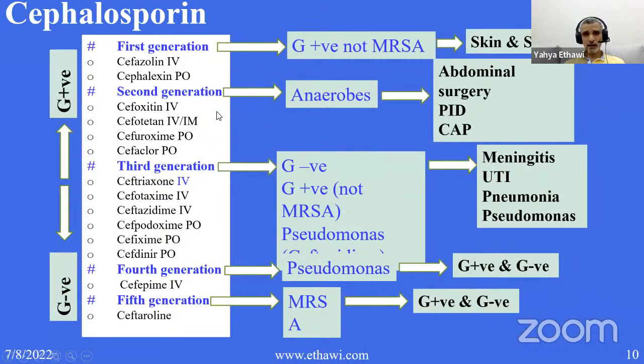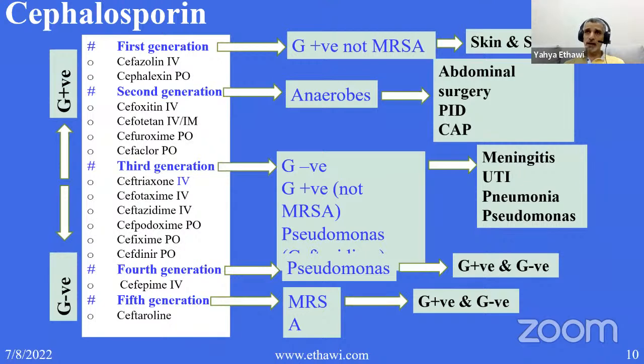The 2nd generation, we have oral and IV and IM. So we have the cefoxitin, cefotetan, cefuroxime, and cefaclor. And in addition to the gram-positive, they are very good against anaerobes.